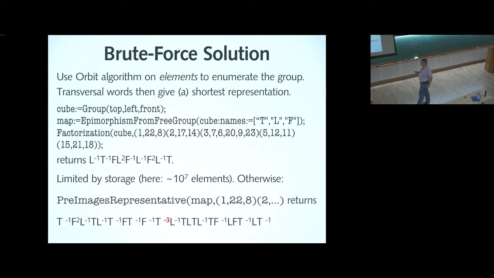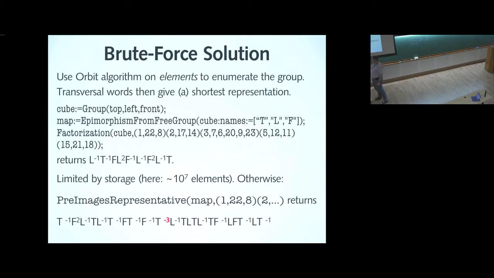This needs to store 2 bits for every group element, so this will not work for arbitrarily large groups. Instead of factorization, one could use more generically pre-images representative, which will work for much larger groups, but will first not be clever.